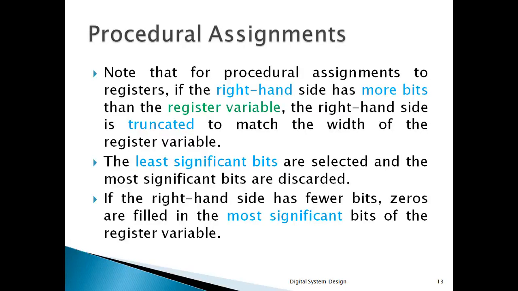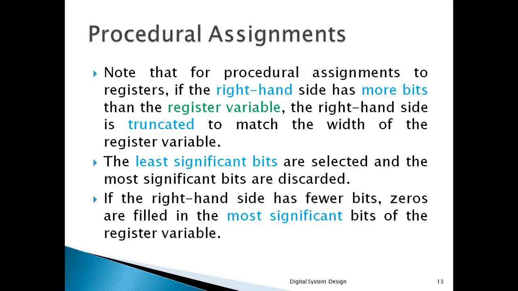It means that if we are assigning a variable, let's say a right hand side variable which has 4 bits, and this 4-bit variable is assigned to a left hand side b which has 8 bits, then the right hand side number will append 4 zeros to match the width of the left side variable.